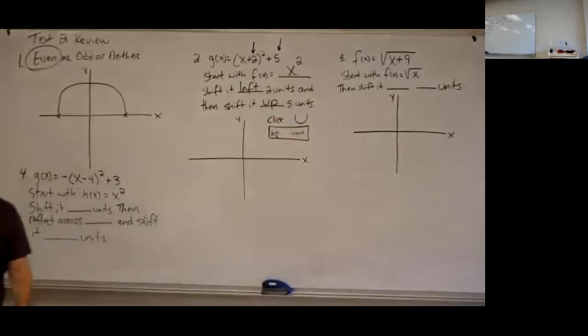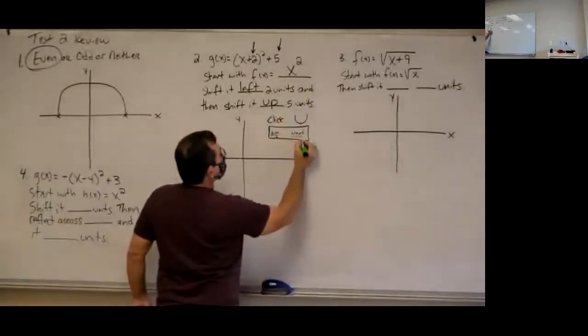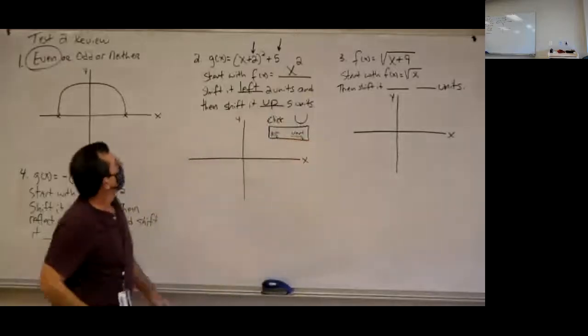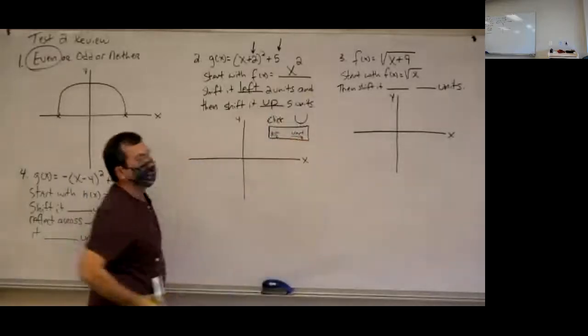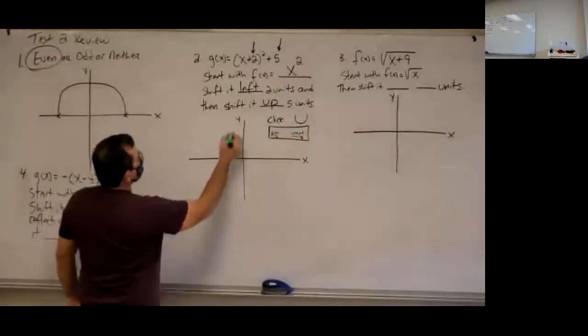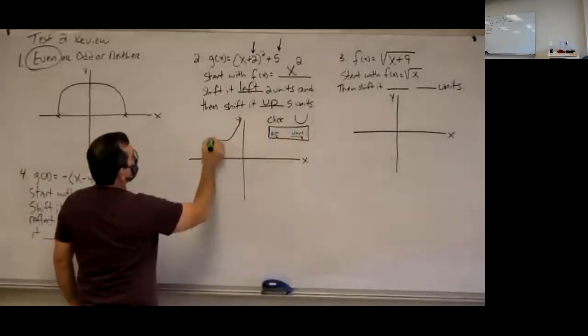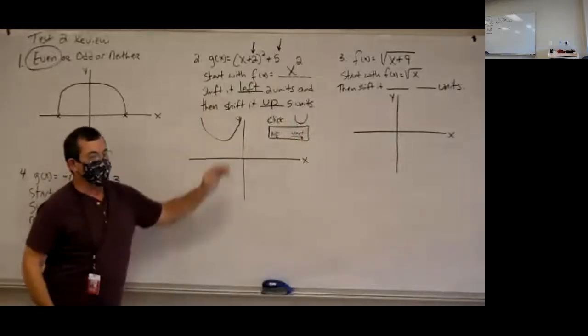I'll move that over left to -2. And then my vertical, I would move that up to +5. So you're just going to slide that bar horizontal to -2, vertical to +5. And when you do that, it should draw that parabola over in this section. It shifted left 2 and then up 5. Okay.